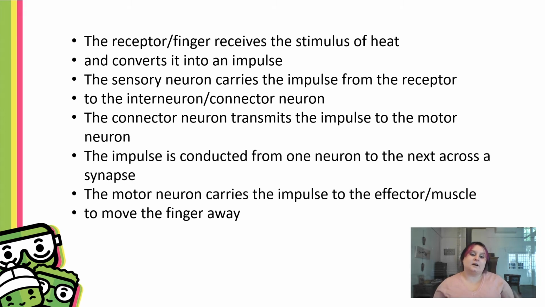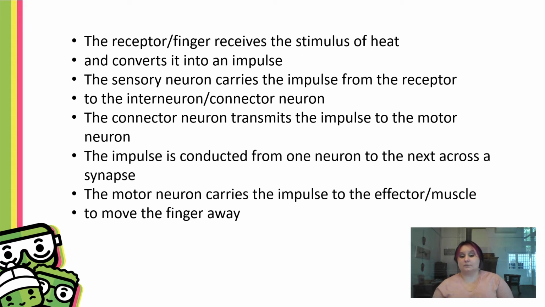So in this case, our receptor, the finger, has received the stimulus of heat from the flame. The receptor converts this information into a nerve impulse. The sensory neurons carry that nerve impulse from the receptor in your finger all the way up your arm and to the spinal cord, where that information is passed to the interneuron or connector neuron.